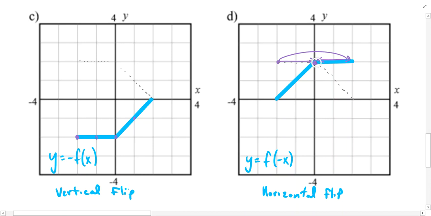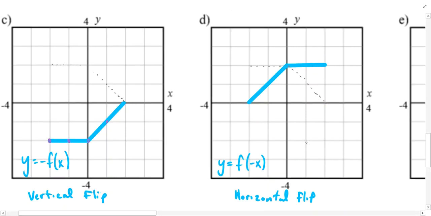This data point flipped and stayed where it was because there was no other horizontal position for it to fall. And then this data point was flipped horizontally across the y-axis and landed here. Again, the solution to this question is this darker or heavier blue line, not the dotted line to begin with, but that was just used for reference.